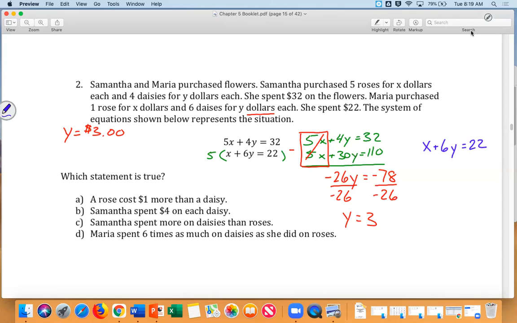It looks way easier than the top equation. So I'm going to replace that y with a 3. So I have x plus 6 times 3 equals 22. So x plus 18 equals 22. X equals 4. Okay, I like that.